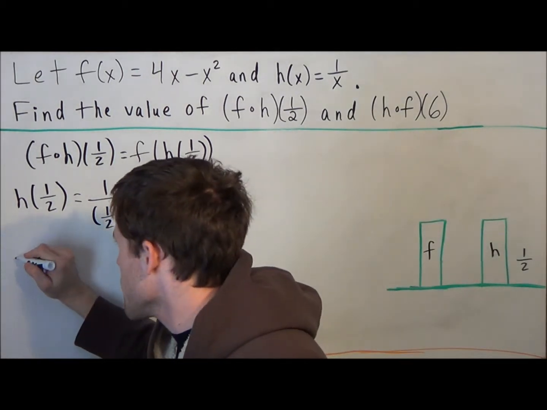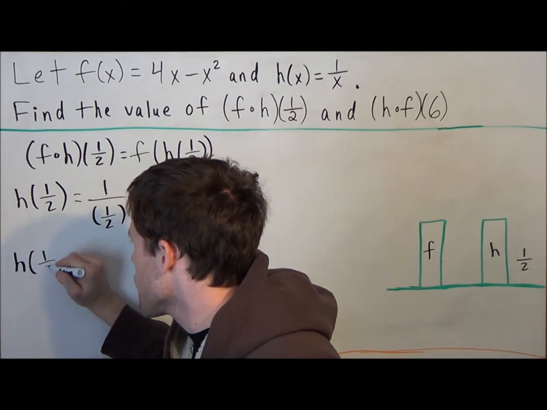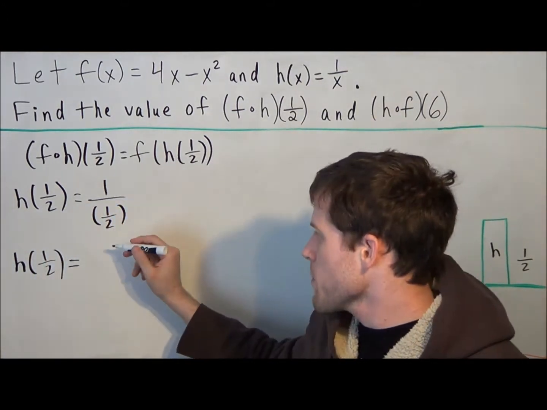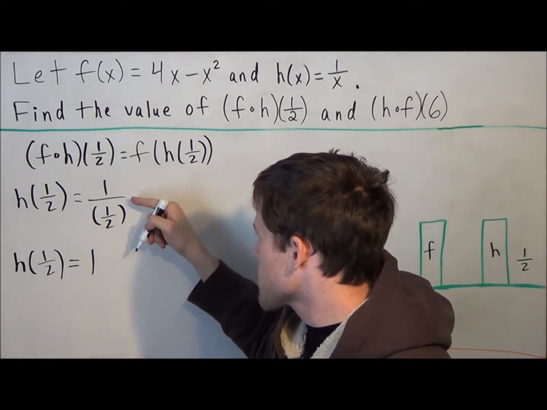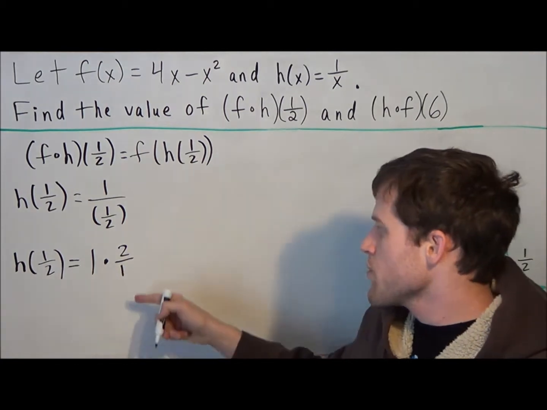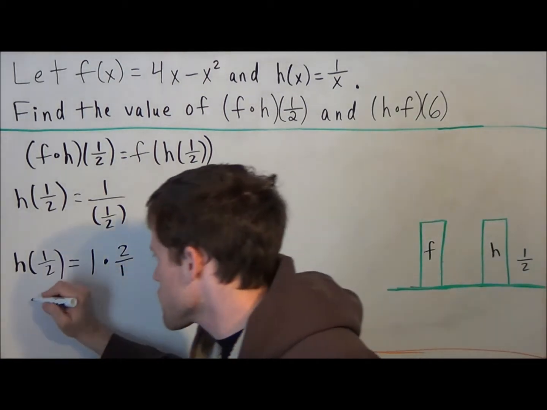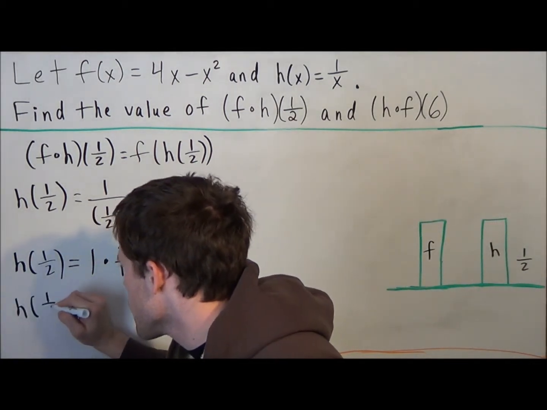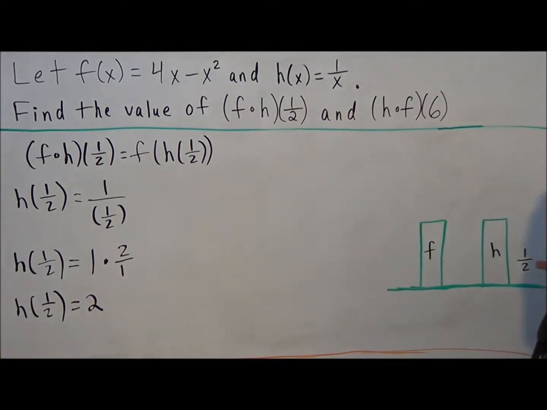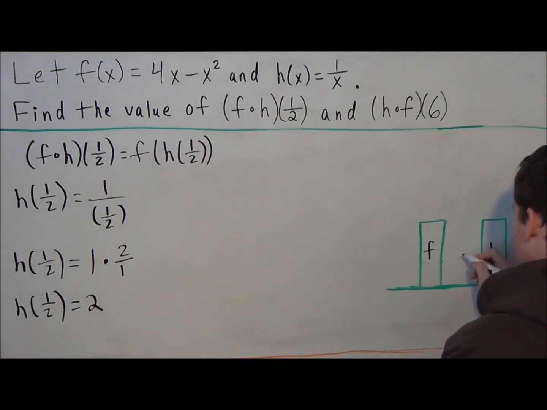But now to simplify h of 1/2, some of you might know this as keep, change, flip, but we're dividing by a fraction, so we have 1. We change this to multiplication, and we flip this to 2 over 1. 2 divided by 1 is 2, 2 times 1 is 2, so h of 1/2 is equal to 2. But what that means is that when we send 1/2 into the h machine, it's going to send out a 2.